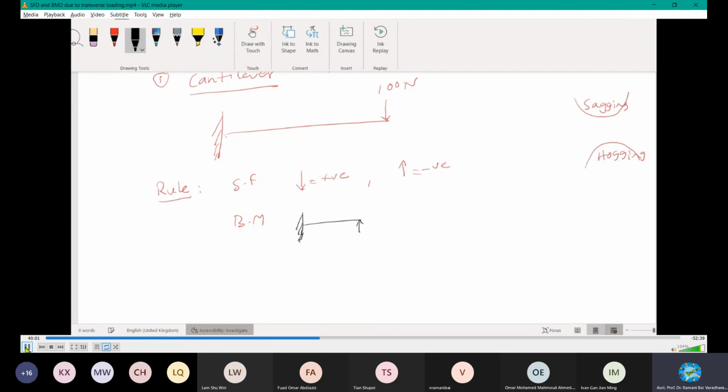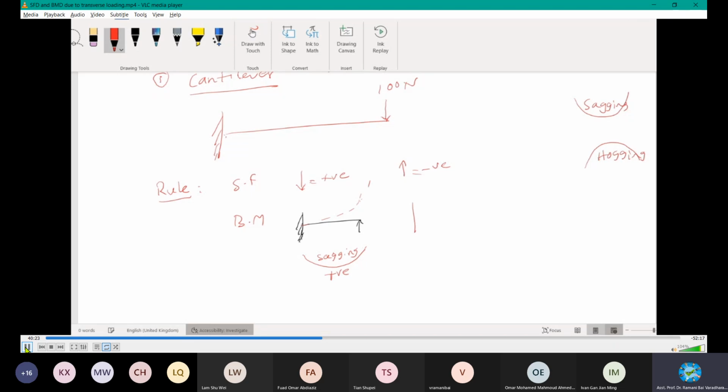When a load is applied in this direction, it will tend to bend like this. It creates a sagging type. Sagging is then called positive.